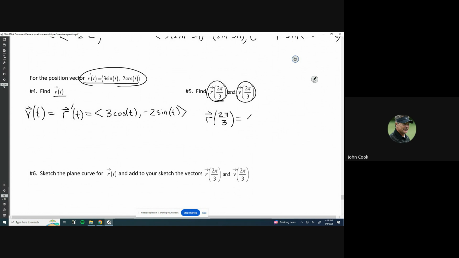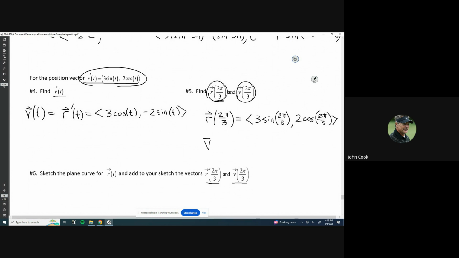First you can just write it like this: 3 sine of 2 pi over 3, comma, 2 cosine of 2 pi over 3. And if you just left it like that, you'd be right. That's your vector. But we're going to need those values in a little bit, so we'll say what they are in a second.